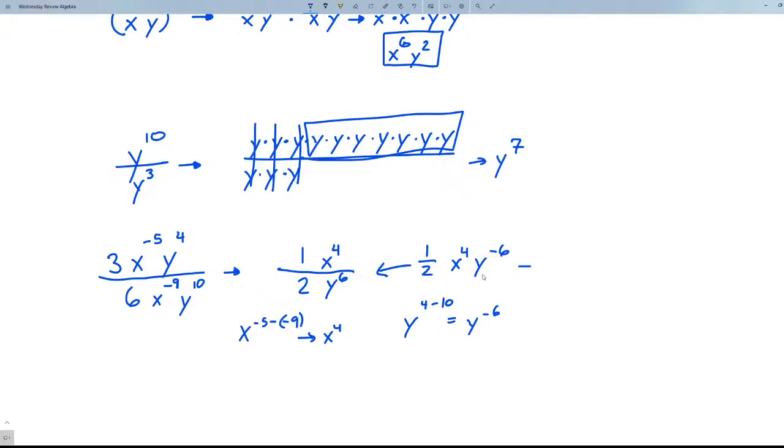So we would go this way. So x to the 4th times 1, x to the 4th, over 2 times y to the 6th, because we're going to put this over 1, be 2y to the 6th. Okay, so you can do it that way as well, if you happen to forget that if you see the negative, you automatically bring it to the bottom.